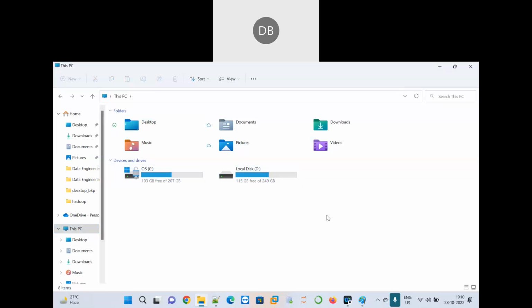That means I am the owner of this file system. Nobody can access this file system unless I give a specific privilege to another person who is able to connect remotely to my system and access my files. This is my local system, right?